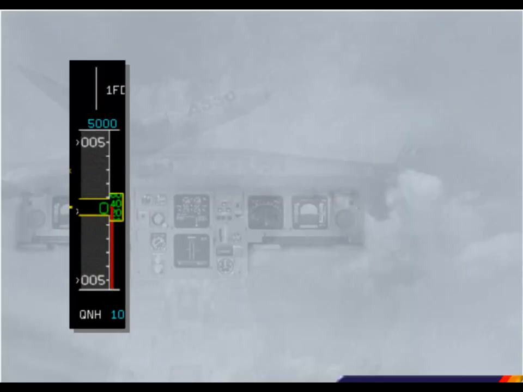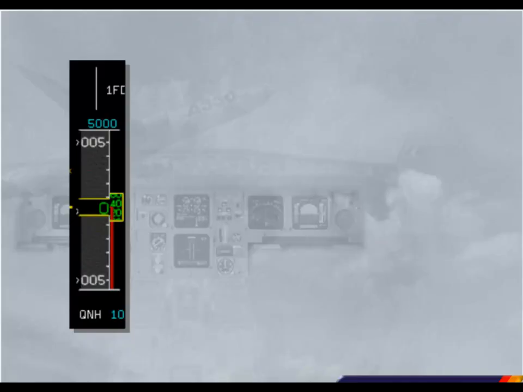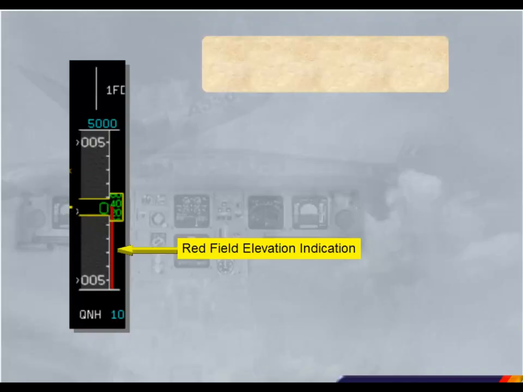The middle part of the altimeter contains a green digital readout of altitude. The red ribbon to the right of the altitude scale represents the field elevation. The ribbon is currently level with the center of the scale.